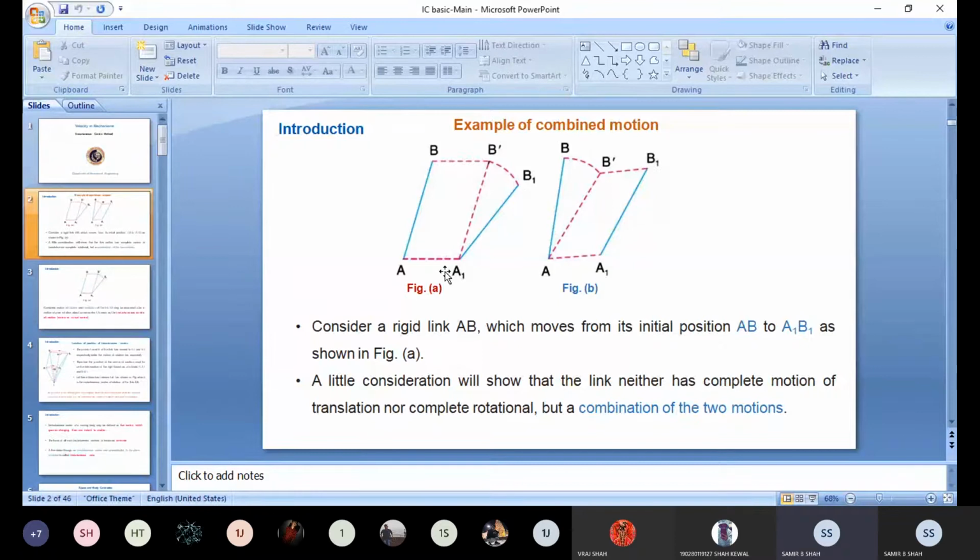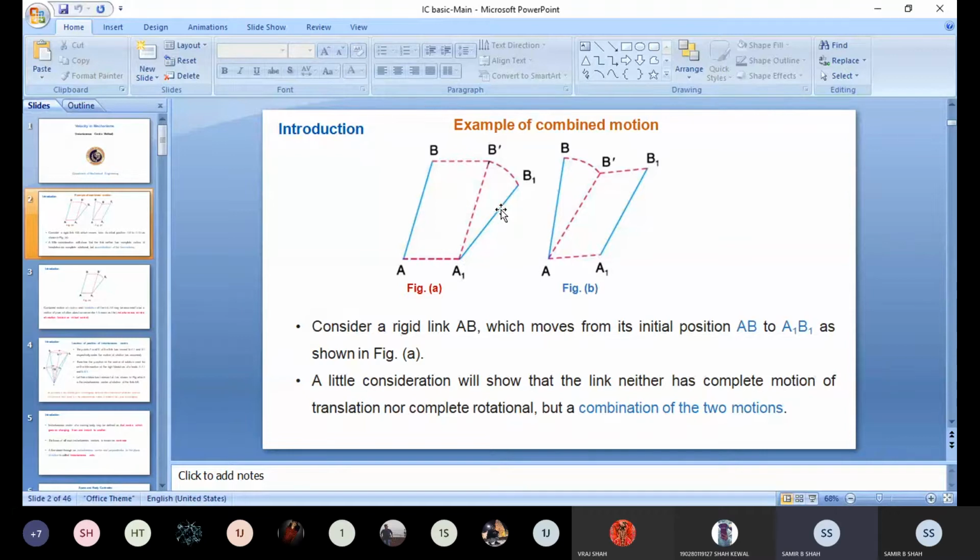A little consideration will show that the link has neither a completely translational motion, nor a purely rotational motion.